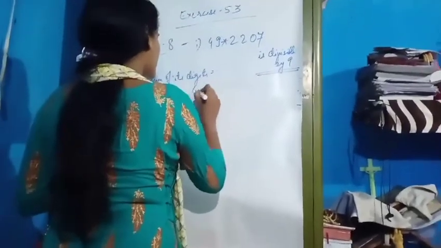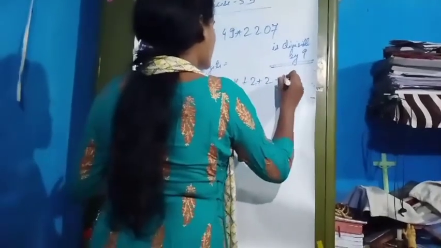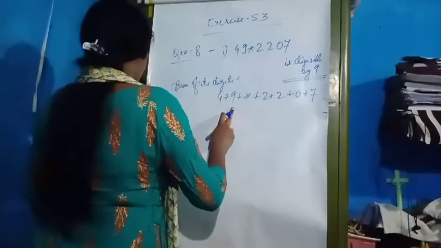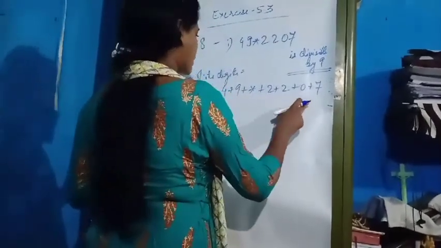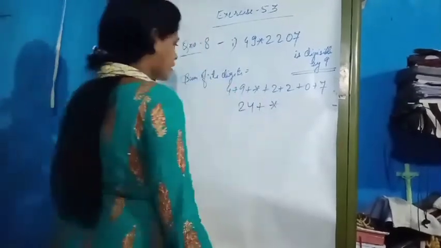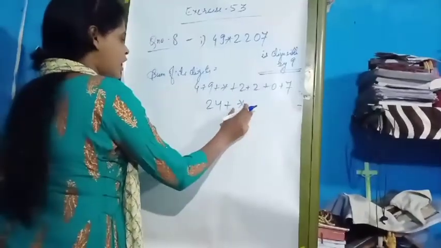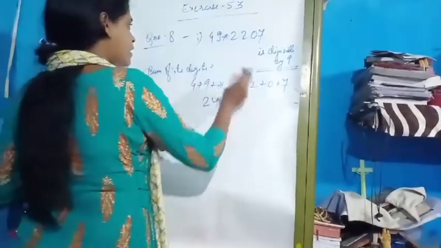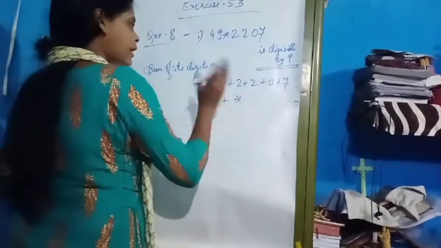You tell me 4 plus 9 plus star plus 2 plus 2 plus 0 plus 7. So what is the value? You will get 24. 24 plus star. Now you tell me, in place of star, what value you will take so that the number becomes divisible by 9.